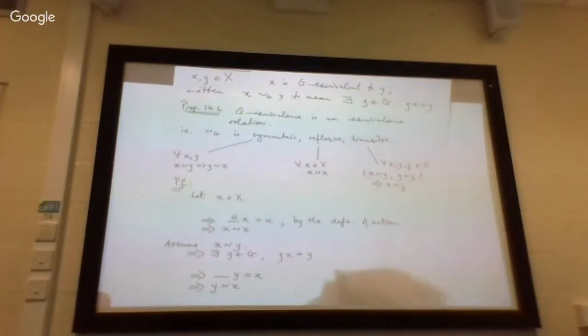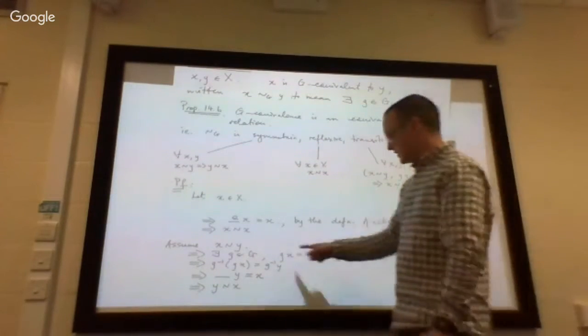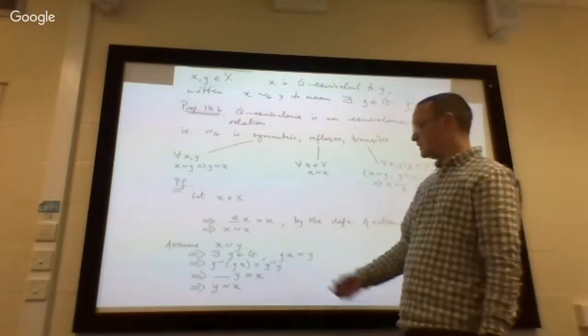So let's try hit things with g inverse. If I put g inverse times gx, that must be g inverse times y. That's surely correct, I just apply g inverse to both things. gx is the same as y.